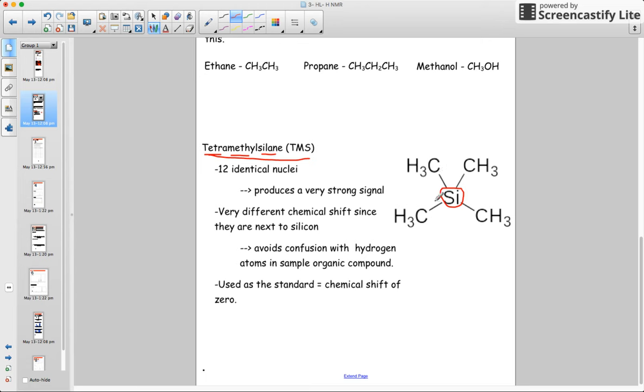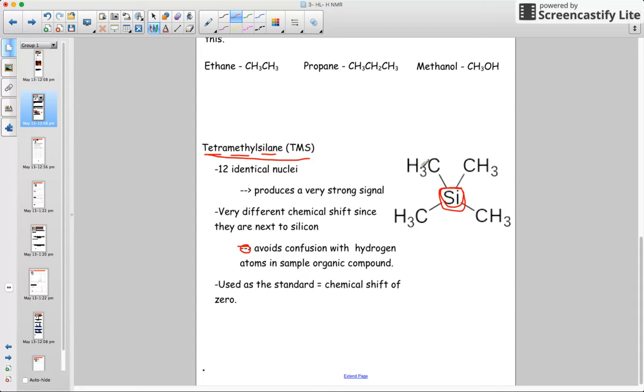It's a good standard because this technique generally is used on organic molecules, and organic molecules never contain silicon. Therefore, the type of radio waves that are going to be emitted by this molecule are very different than the ones being emitted by organic compounds. So it avoids confusion with hydrogen atoms in the sample that you're testing.